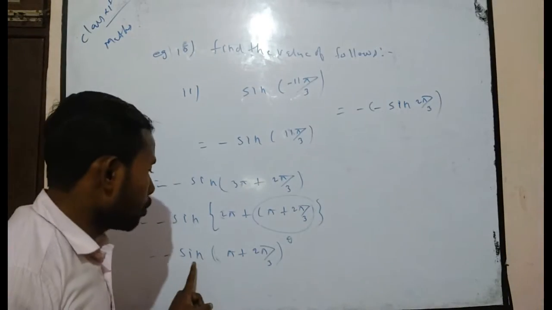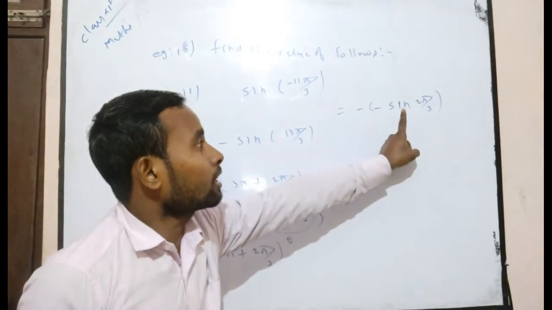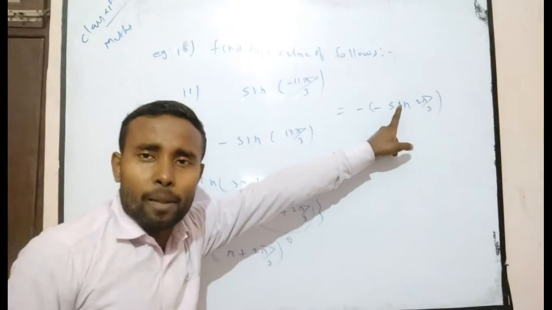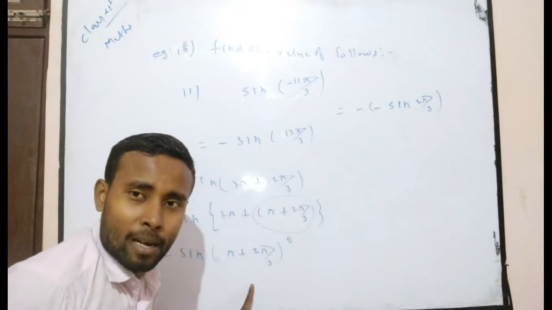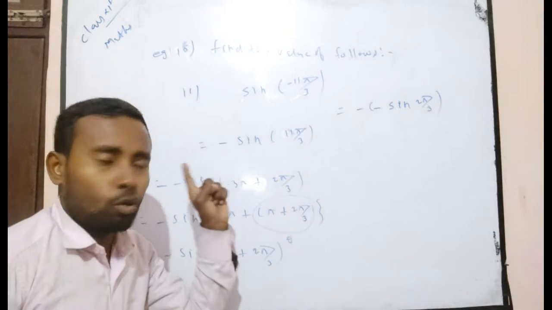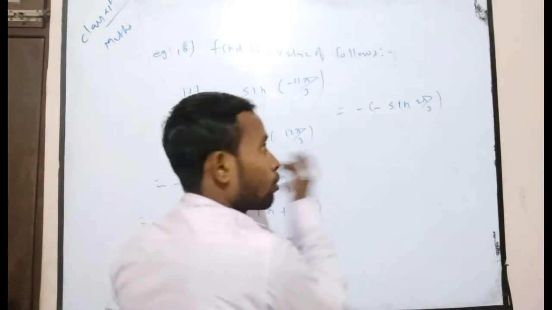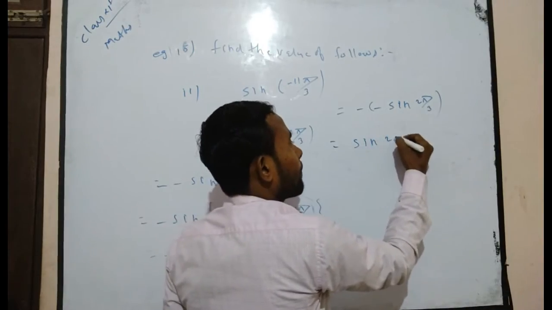Because of the third quadrant, and here I have used the same function, sin and sin. Why? Because π is an even multiple of π/2, according to the previous classes, that means the previous video. So after multiplying, you can say sin(2π/3).